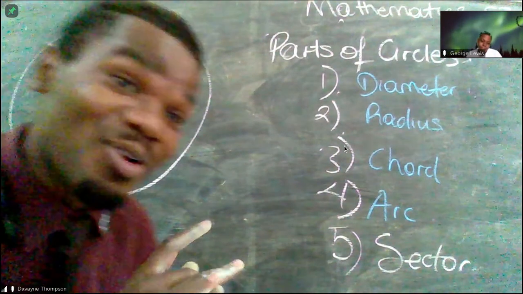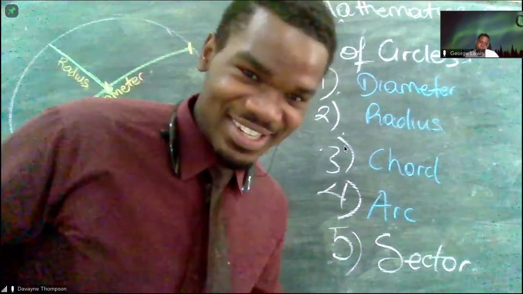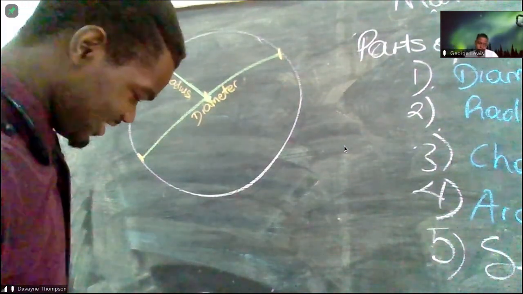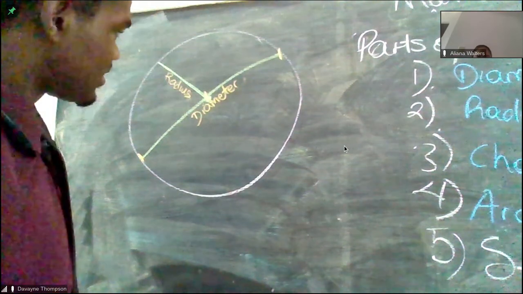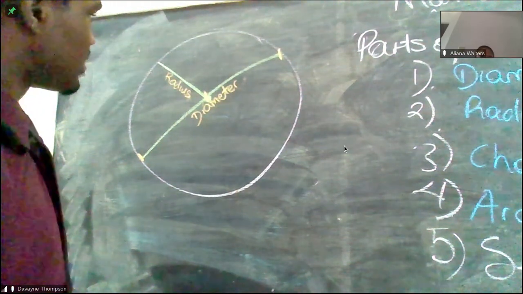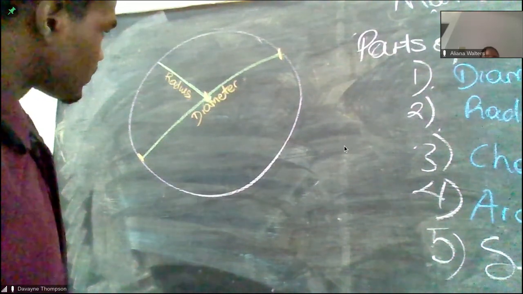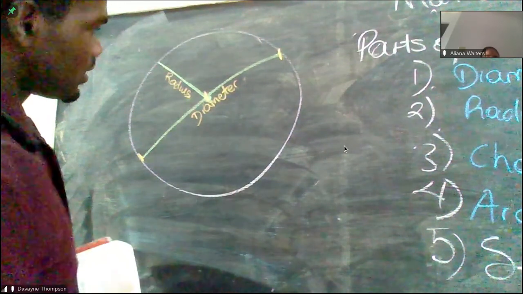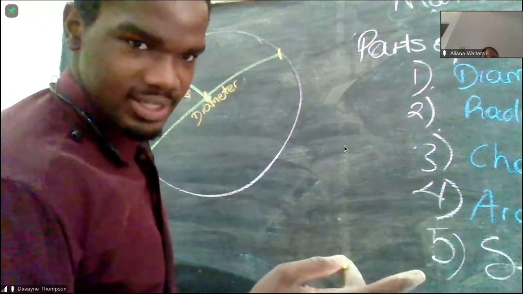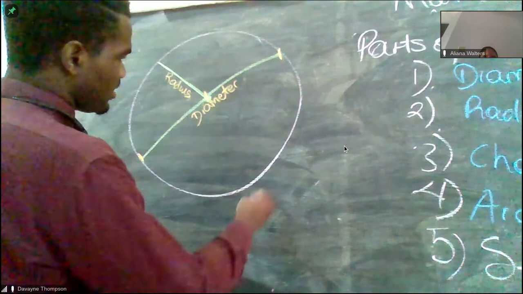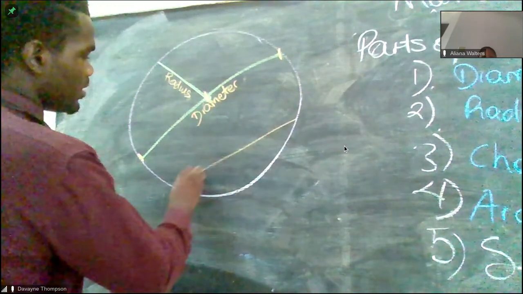The next thing, I heard Aliana. You said chord. But what's a chord? On a diagram, where's a chord? It's below where the radius and the diameter are, but it's attached to the circle. So it's a line, a small line, but it doesn't fill up a lot of the circle space. So would this be a chord?